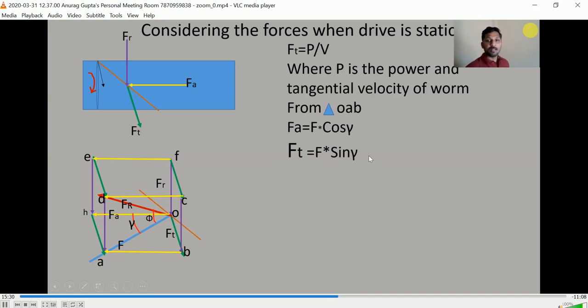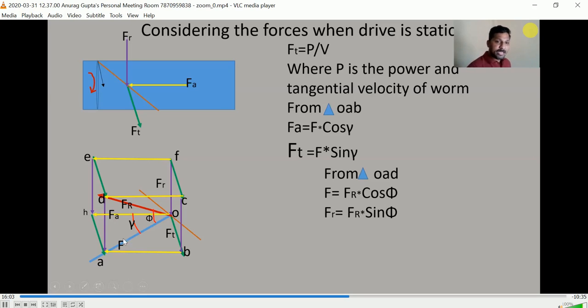Similarly, if we consider the triangle OAD, with this sky blue line, this purple line, and this red line, then we can write down F is equal to FR cos phi.